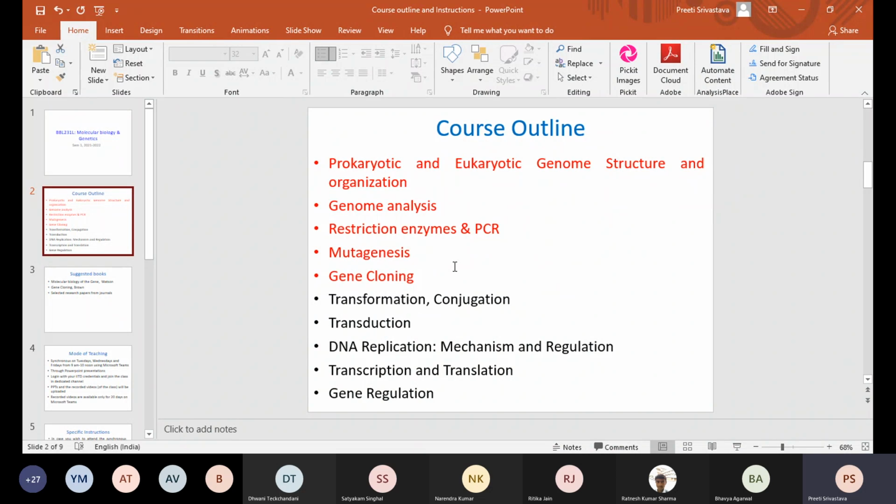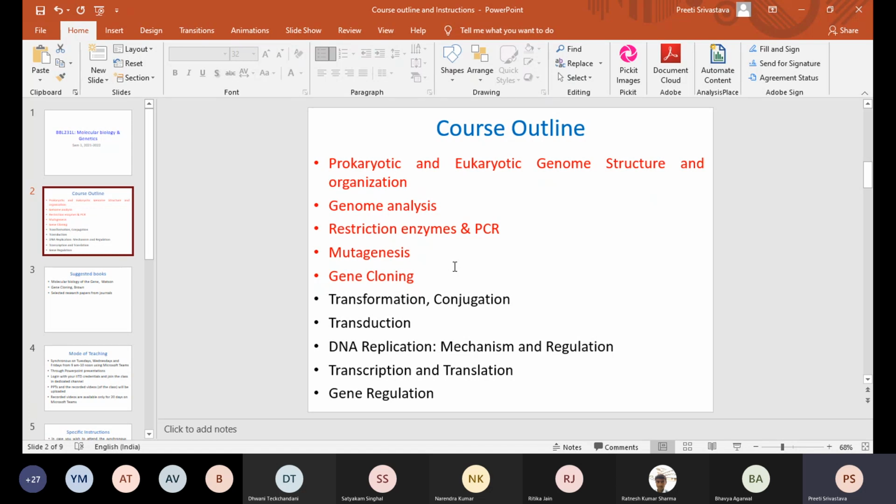So as I said, the class has to be interactive. You need to tell me whatever you are following, whatever is not clear, and if students are following, then we can cover all of these topics, and then we can try to cover certain switches which are called oscillation switch, toggle switch. So these are like genetic switches which are used a lot in synthetic biology.